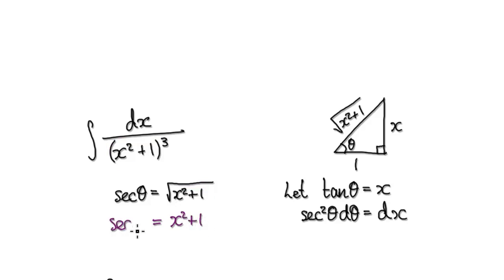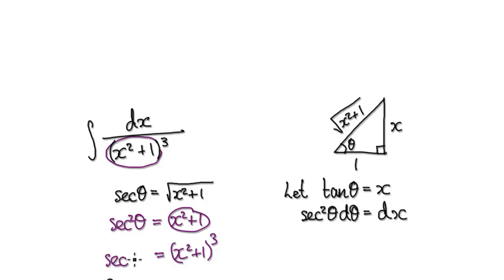Now this is getting closer, so now cube both sides. Cubing this side would be secant to the power of 6 theta.